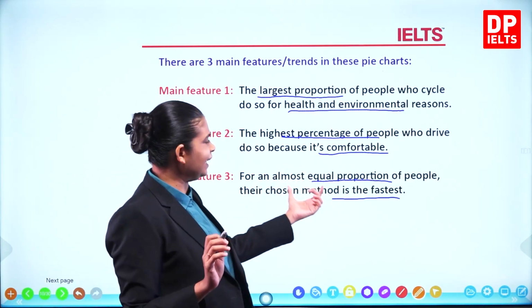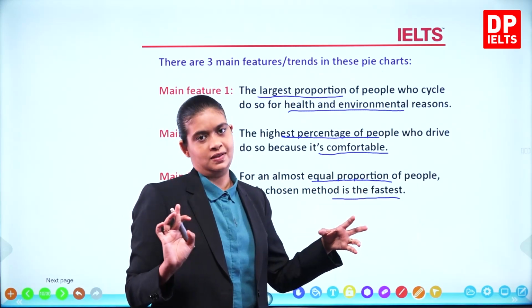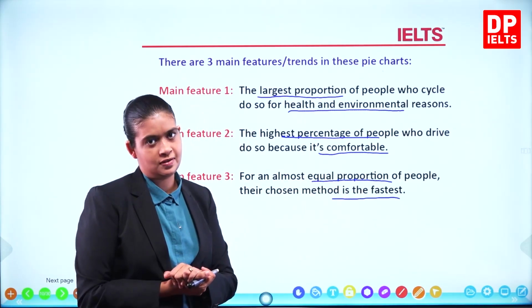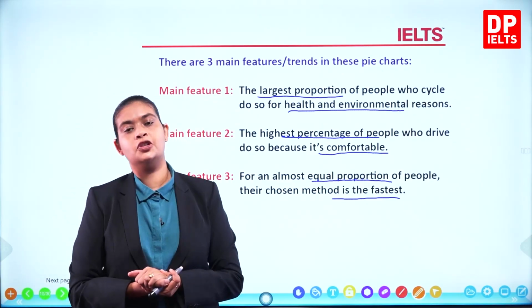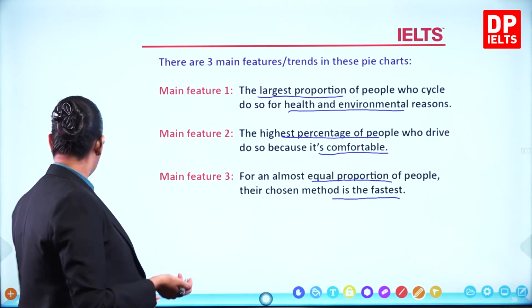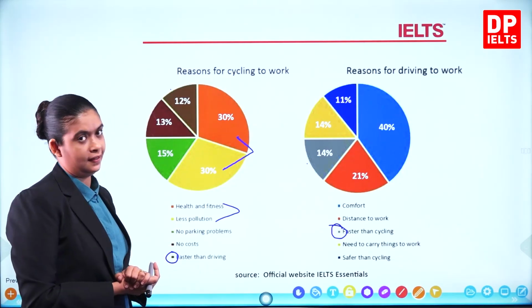For almost equal proportion of people, right, their chosen method is the fastest. Roughly it's an equal amount, just 2% difference. So here are the three main features or the trends that I've identified, and I think anyone looking at these two pie charts would identify the same.